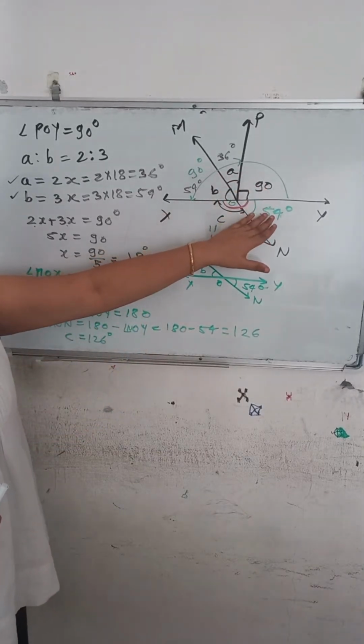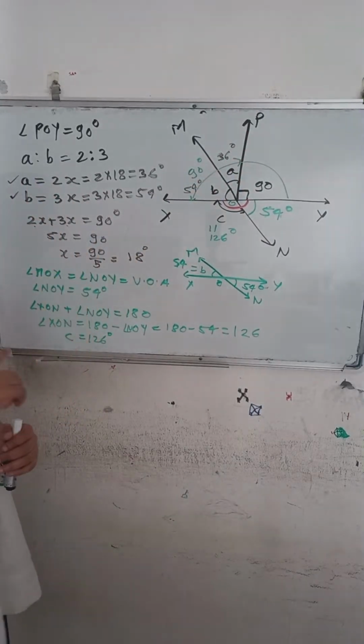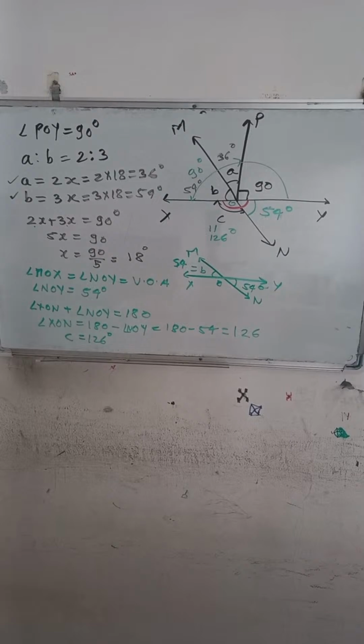POY is 90, then POX is also 90, because they form a straight line, and the angles formed on a straight line sum to 180 degrees. Getting up to here, copy this, or you can take a screenshot. I hope you all are getting it.